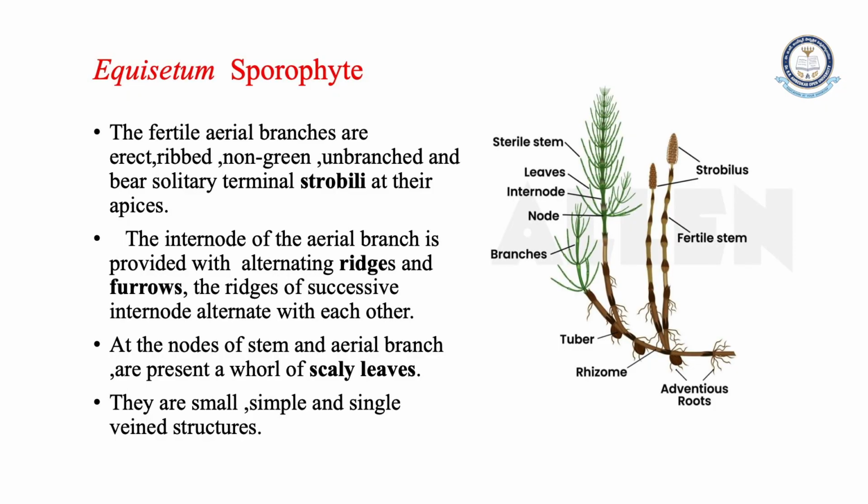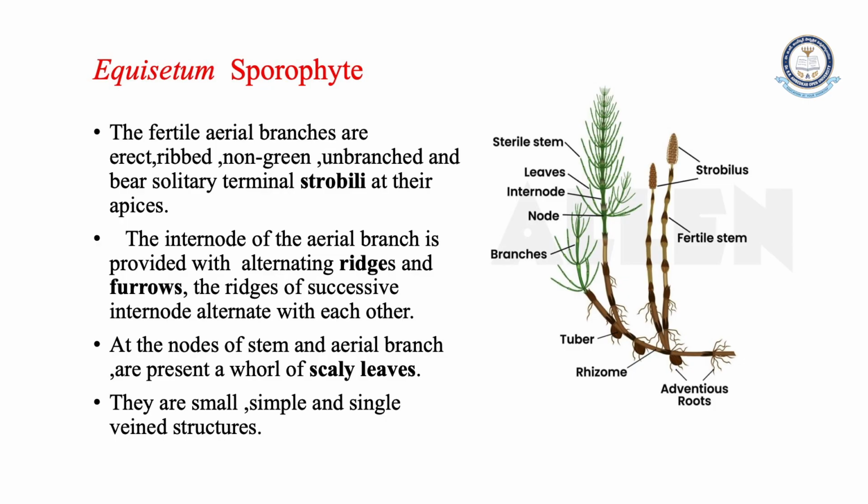Whereas in sterile branches, at the nodal region we have scaly leaves, and they are green in color. Generally we easily identify them with this character. So these are the fertile and the non-fertile, or sterile, branches.